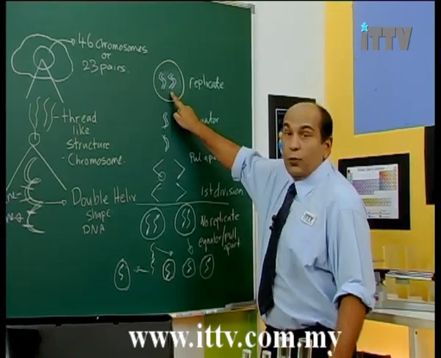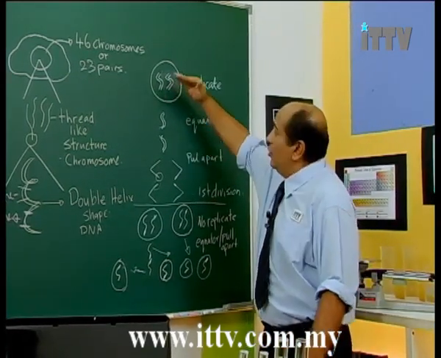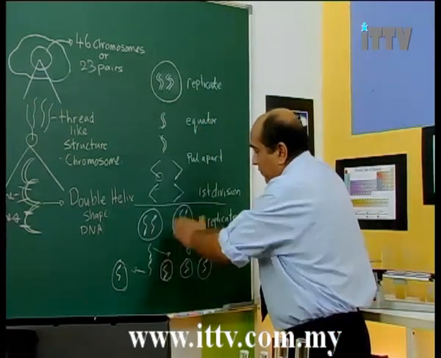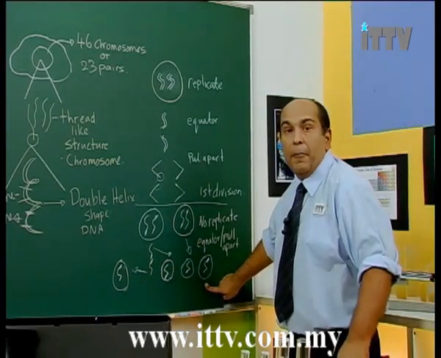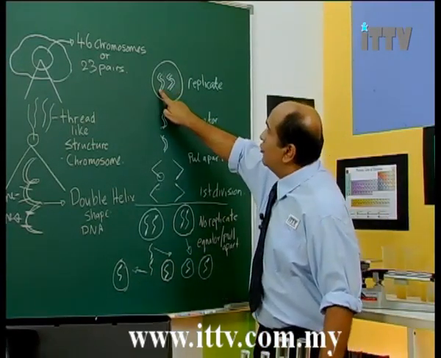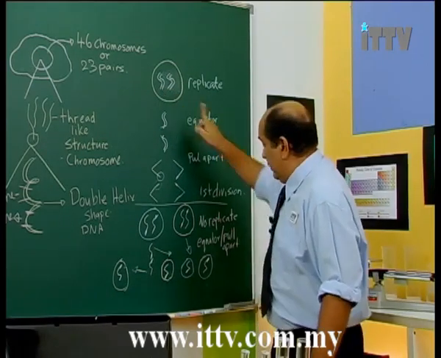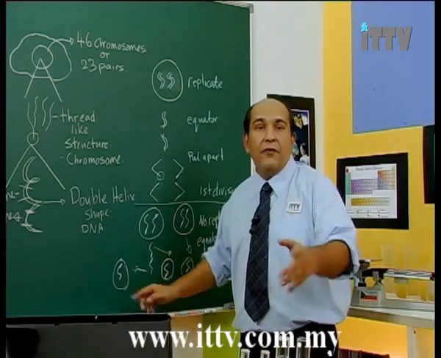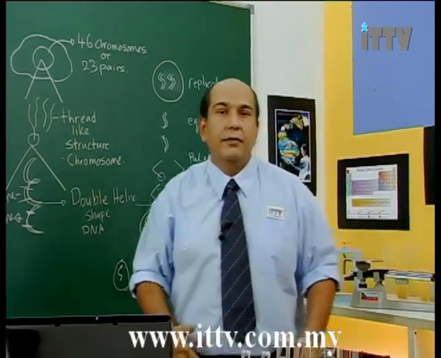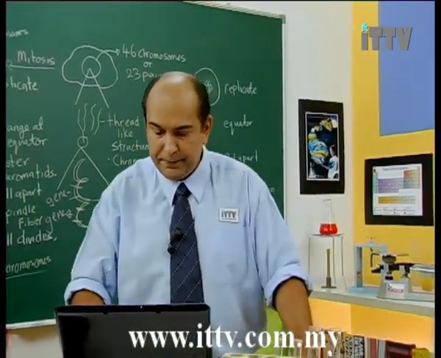We start with one, we cascade down, and we finish with 1, 2, 3, 4. The original had 2 chromosomes. The final products have 1. We have halved it. The chromosome number is half.